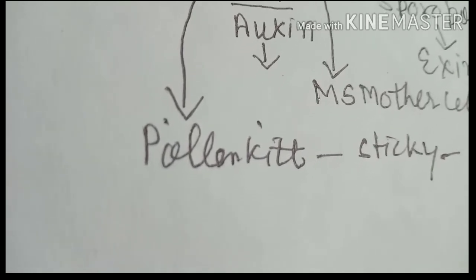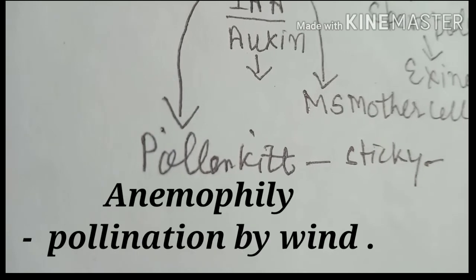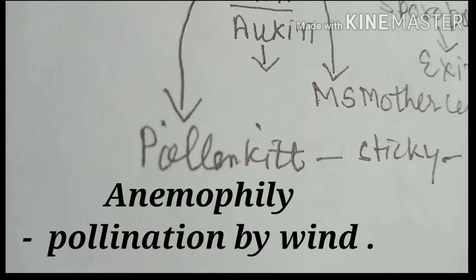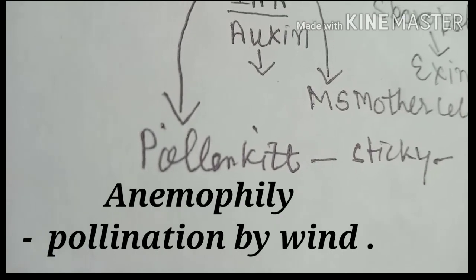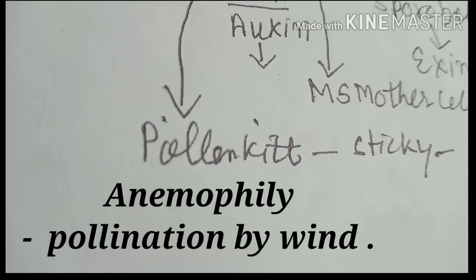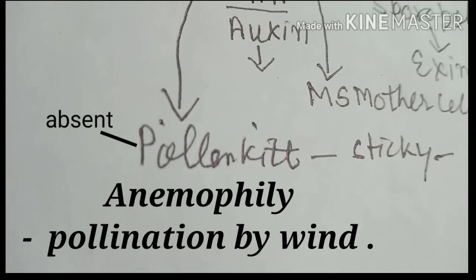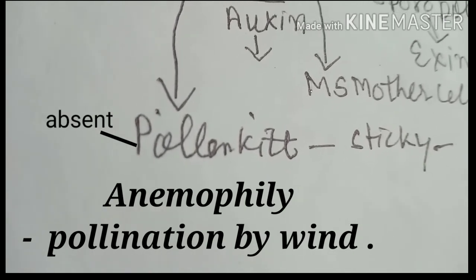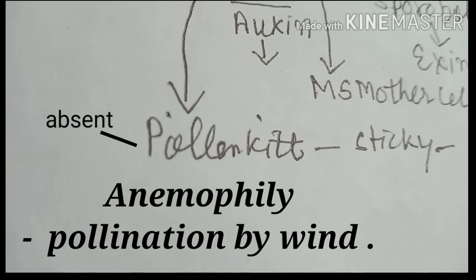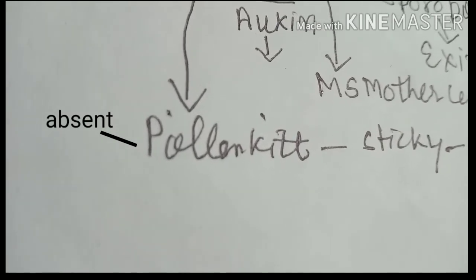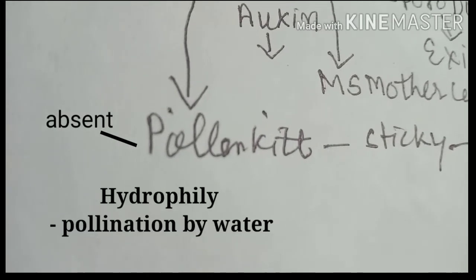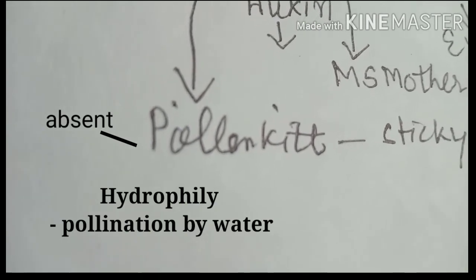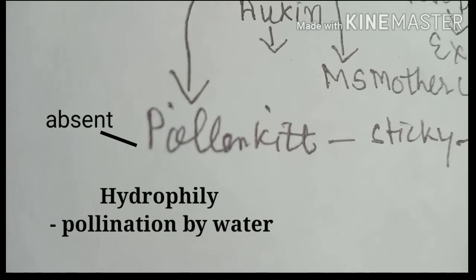As in the case of anemophilous plants, the flowers which undergo pollination with the help of wind come under the category anemophilous, and pollen kit is absent. In hydrophilous plants, in which pollination is done by water, pollen kit is also absent.